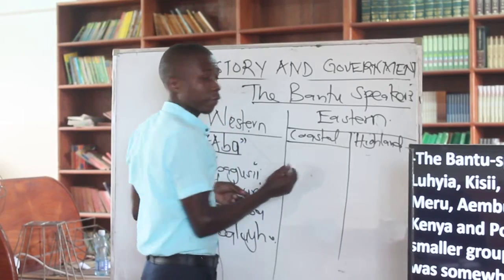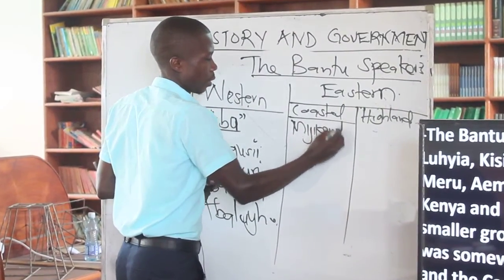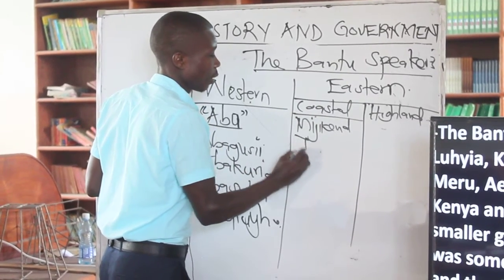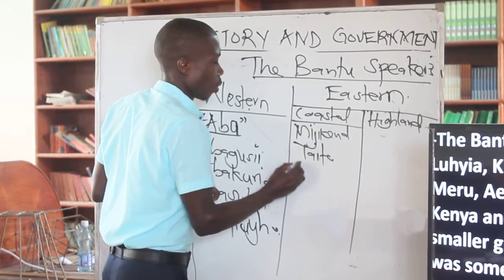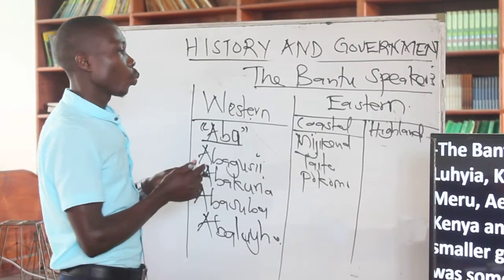So coastal we have Mijikenda, we have Taita, Kokomo. Mijikenda, Taita, Kokomo.